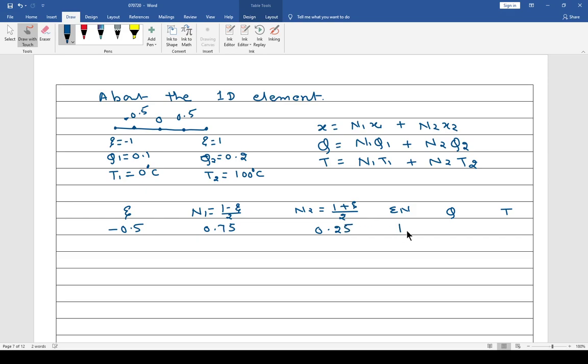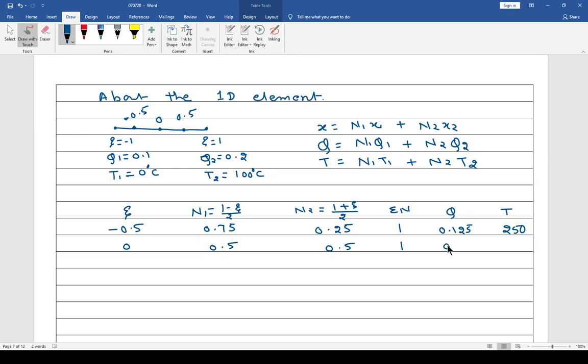The summation of N will be 1, and this will be 250. Just let me know now Q. So I got 0.125.